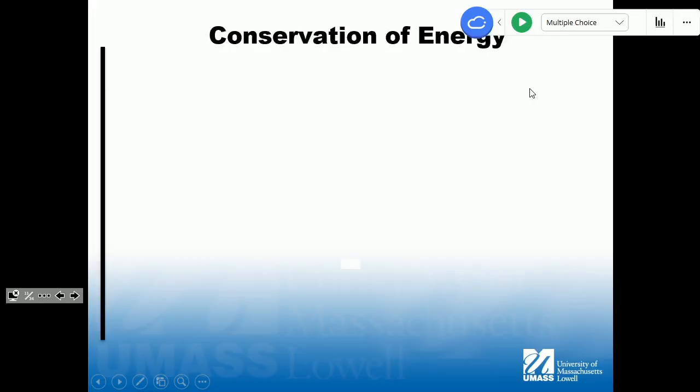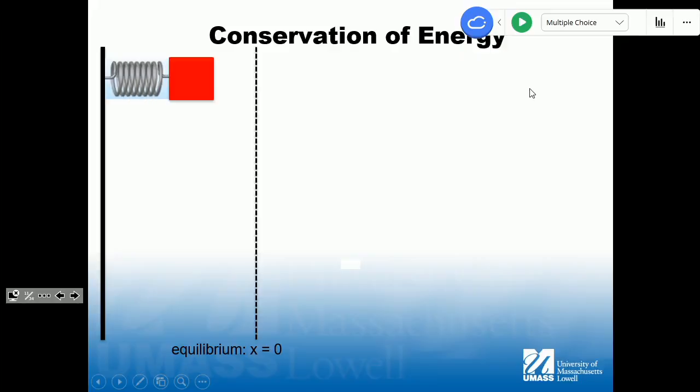Okay, let's try conserving energy. The idea with conserving energy is, let's say I start from a compressed position of the spring. At that location, the spring is just compressed. Is the block moving? No. So all the energy in it must be potential, and that is 1/2 k times the square of the displacement.